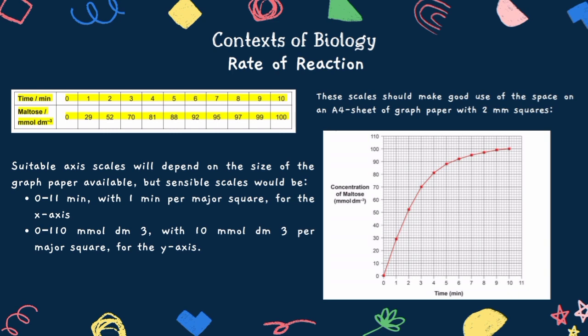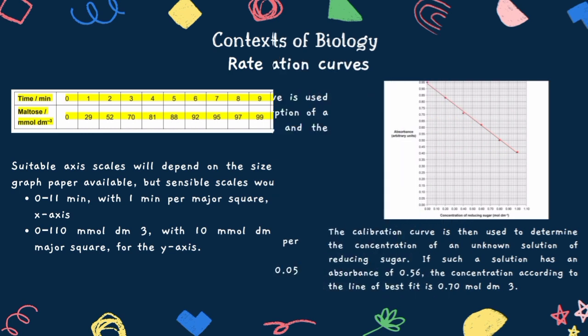And for the y-axis, we have 0 until 110 millimole per decimeter cubed with 10 millimole per decimeter cubed per measure square.